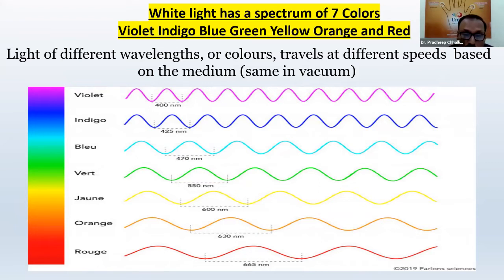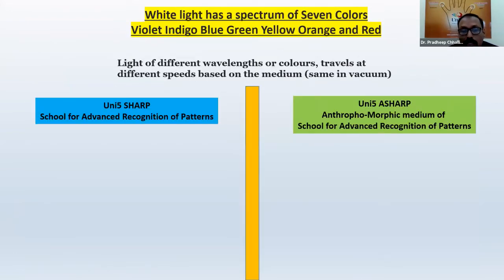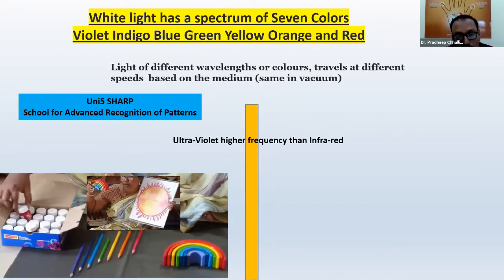Now, there are two ways which we can show this to our students. We have two models called the Unify SHARP model that you see on the left side, SHARP being an acronym for School for Advanced Recognition of Patterns. Unify is the Panchabhutas, that is about this one energy. That is the first model, and I will show you how we teach the Vibgyor colors. You can see the teacher is holding a picture of the sun, which shows that the light comes from the sun.